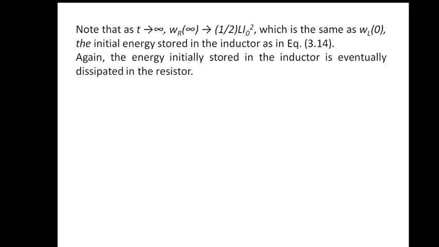At t equal to 0, that much energy is stored in the inductor, and at t equal to infinity, the same energy is dissipated in the resistor. That is the meaning of this statement.